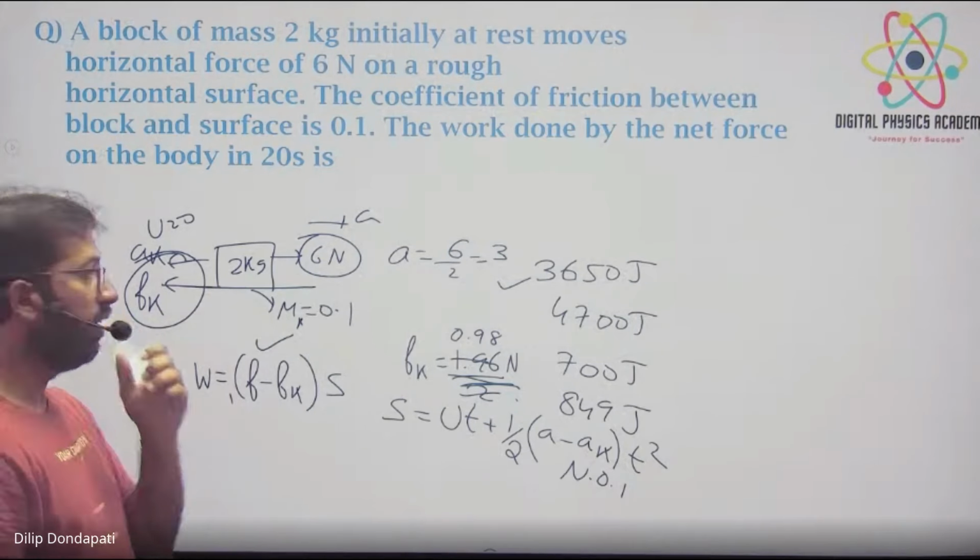Sir, but you could have done it simpler by just doing net force by mass, right? Net force is 4.04. 4.04 by 2 also, you'd have gotten 2.02 directly. Same thing. Yes, definitely. Okay, done.